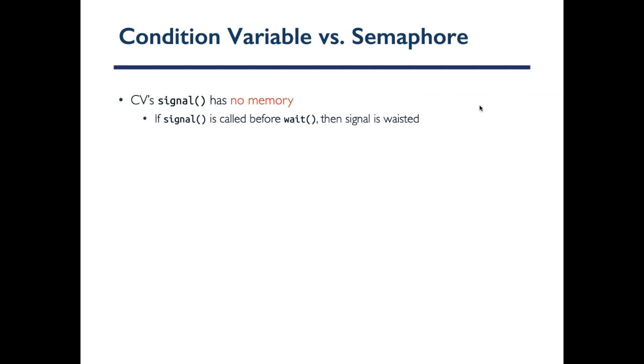Signals and broadcasts get lost when there is nobody waiting. So we don't memorize them. If nobody is waiting and you signal and then somebody else comes and waits, that latecomer is not going to use the signal that was sent before it came to the waiting queue. That's different from V in semaphores. In that case, we are actually memorizing it.